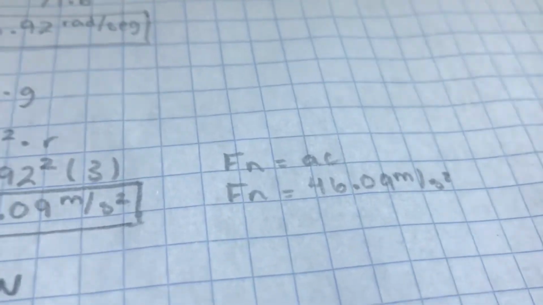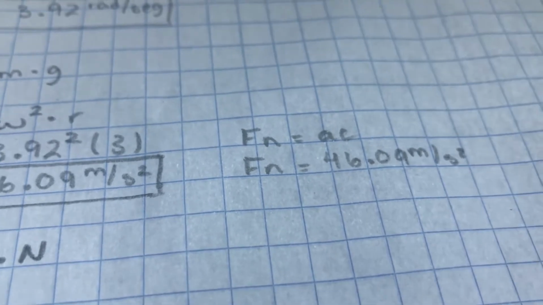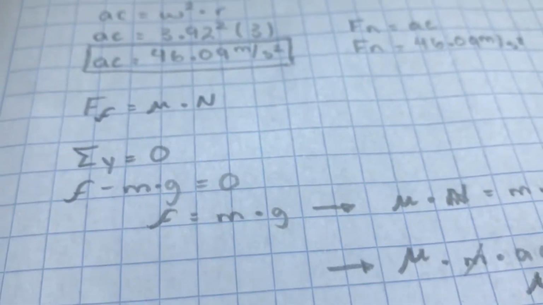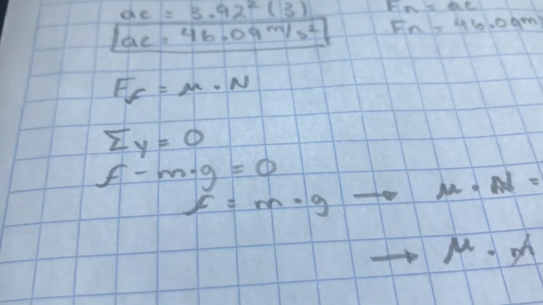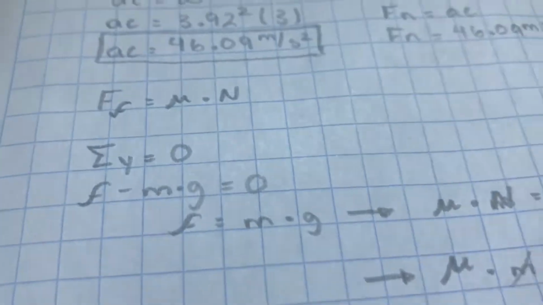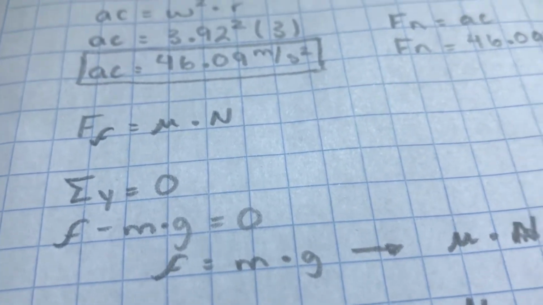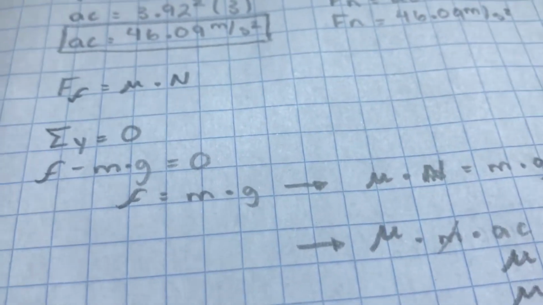So the normal force is the same as the centripetal force. Then in the summation of forces in the y-axis, we get that F, the friction, minus the weight is equal to 0 because the object is in equilibrium.